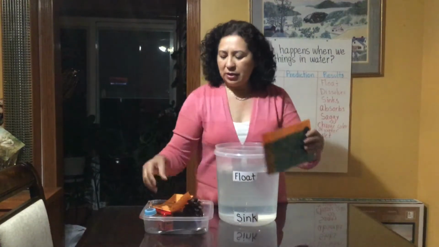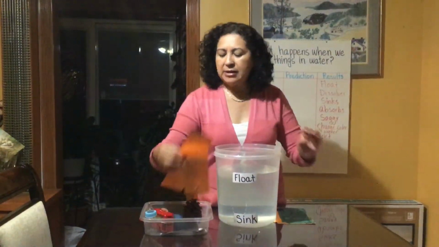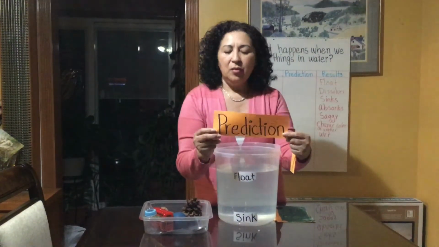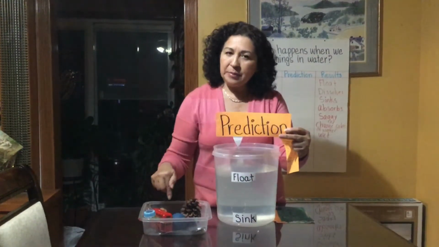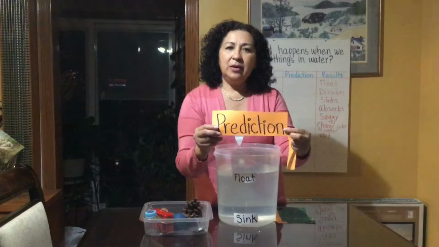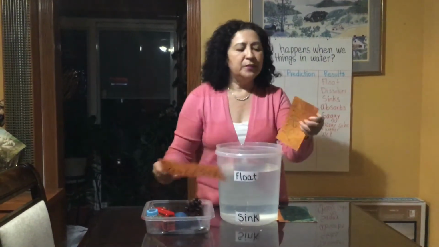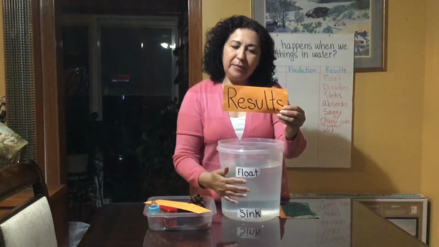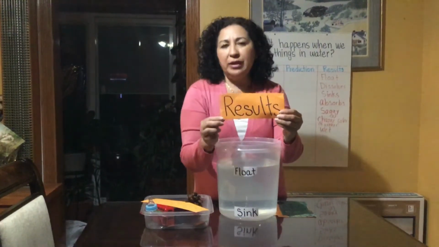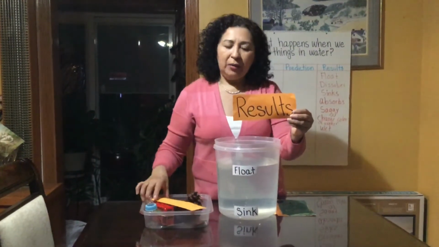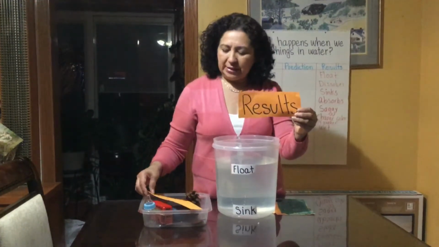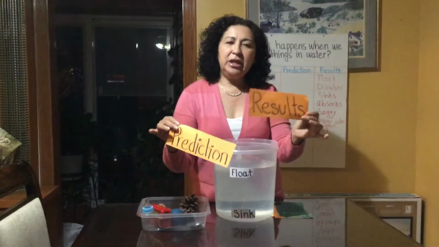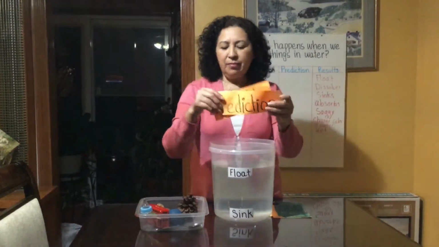And also today we're going to be using two more words. One is prediction. We're going to predict if the objects that I have here are going to sink or float. And then we're going to do the experiment and find out the result. So these are our vocabulary words for this lesson: sink, float, prediction, and results.